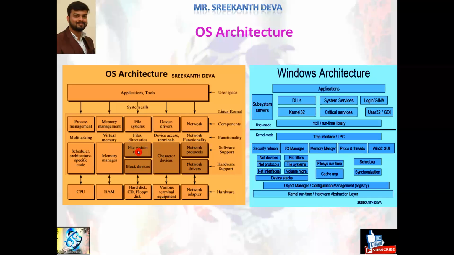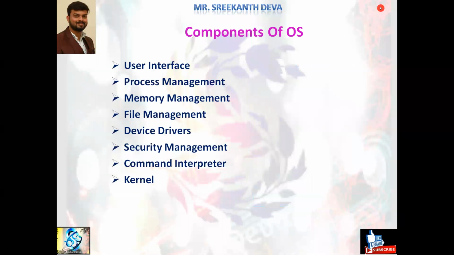File systems include files, directories, and blocking devices. Device drivers cover characters and different kinds of devices. Network functionalities include network protocols and network drivers. So the components are user interface, process management, memory management, file management, device drivers, security management, command interpreters, and a kernel. I try to provide just a brief introduction.